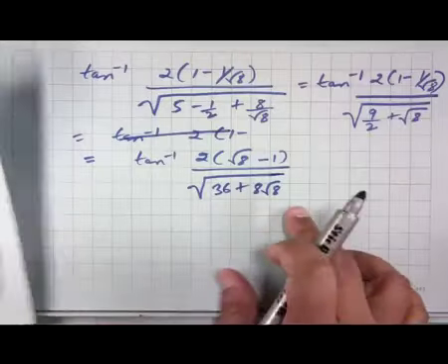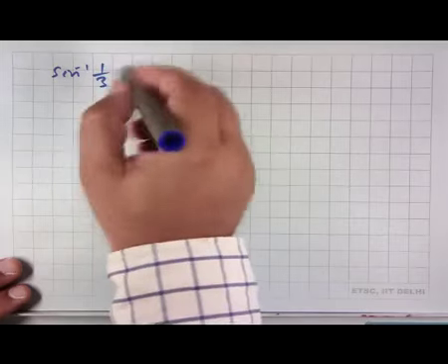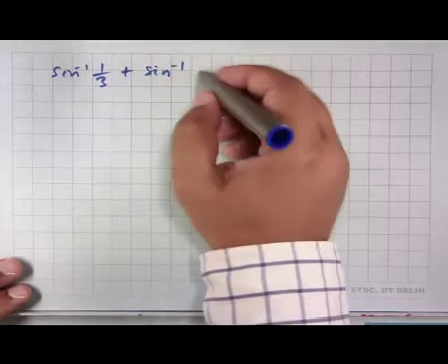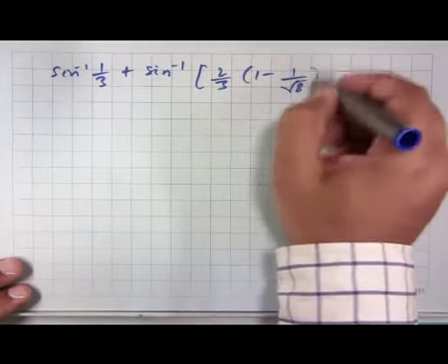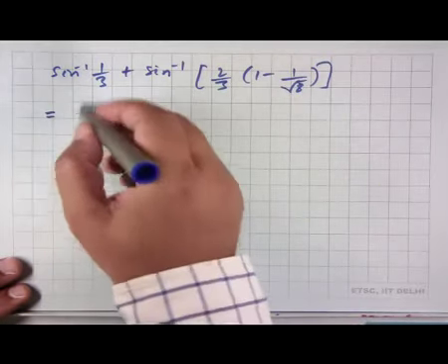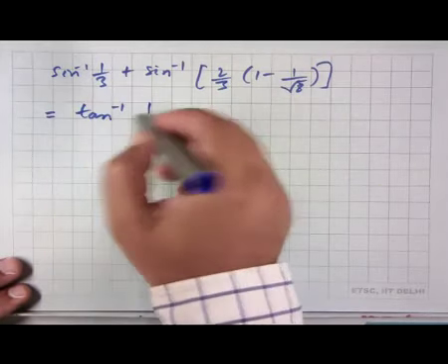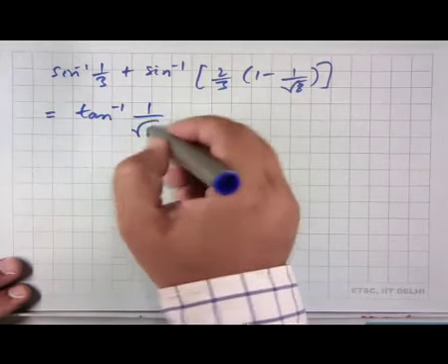So, now we should be in a position to add both of them. So, finally, what we have is that sine inverse of 1 over 3 plus sine inverse of 2 by 3 times 1 minus 1 over square root of 8 is equal to tan inverse 1 over square root of 8 plus tan inverse.